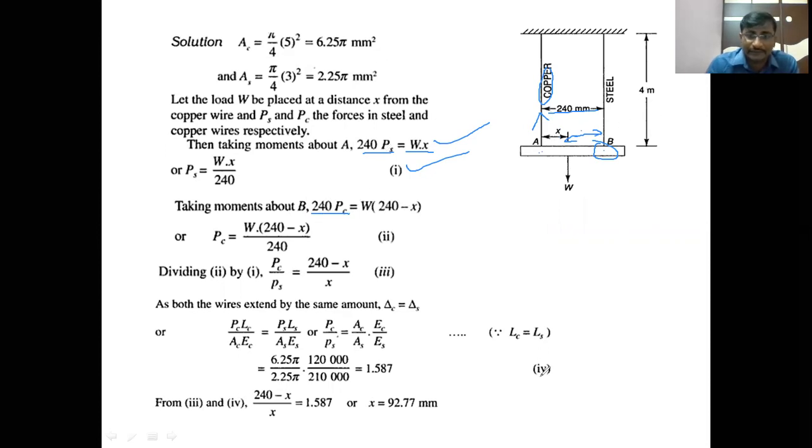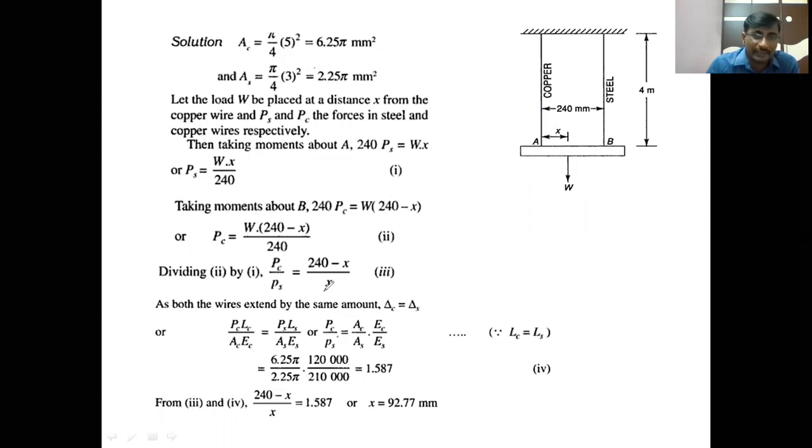Both are equal here, so we equate them. Then we get PC equal to W into 240 minus X divided by 240. Keep it as the second equation. Now dividing equation 2 by equation 1, on the left hand side we get PC divided by PS, and on the right hand side, this formula divided by that formula.